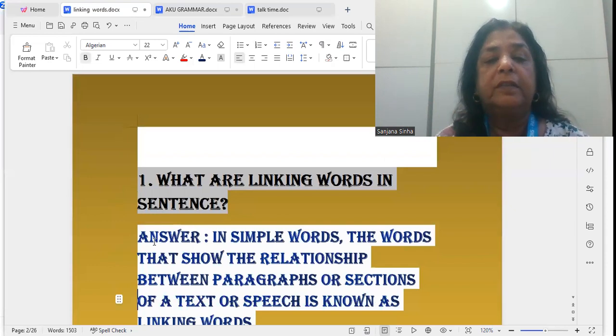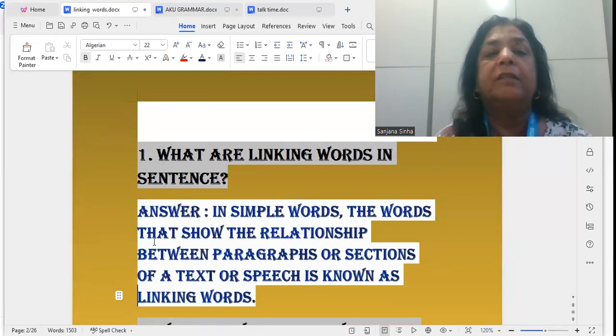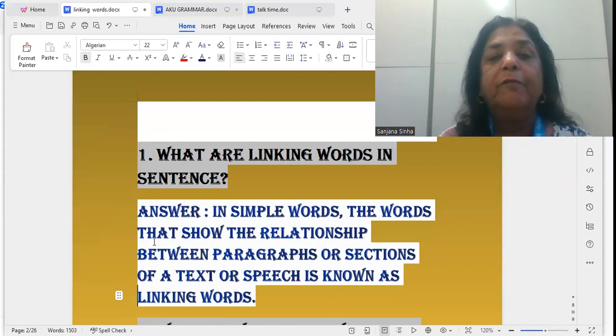In simple words, the words that show the relationship between paragraphs, sentences, or sections of a text or speech is known as linking words. Words which link one word, one sentence with the other, one paragraph with the other. So they are called linking words.